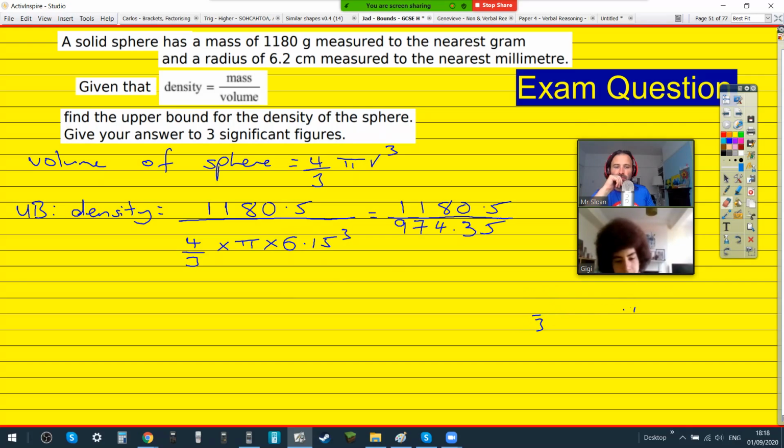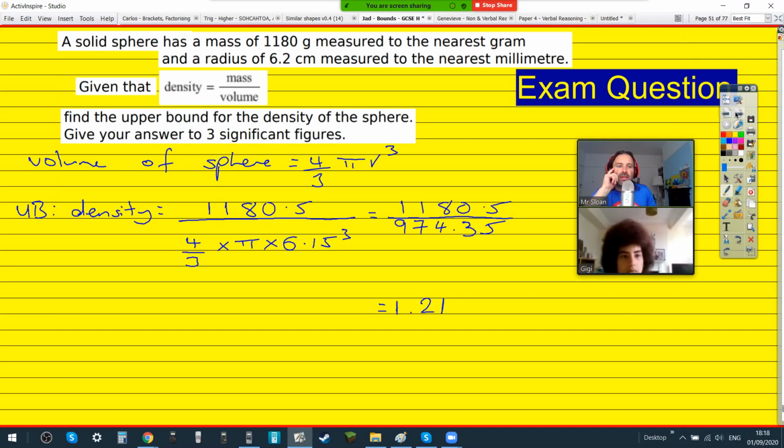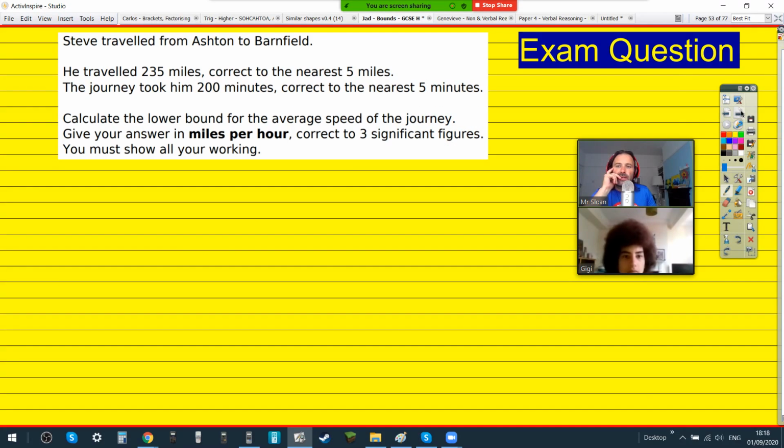It's 1.21. To 3 sig fig, 1.21. That's a 4 marker. Yeah, you're too good at these. Far too good.